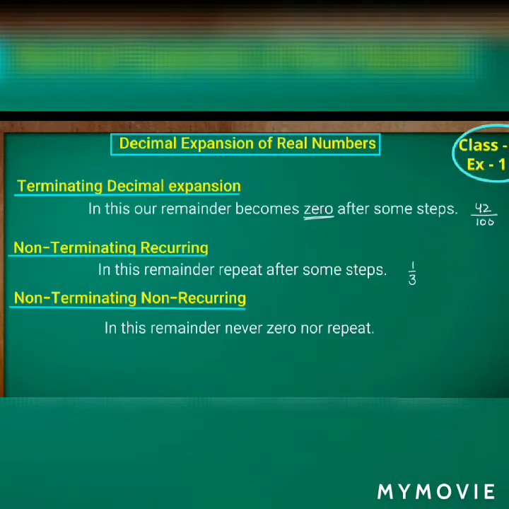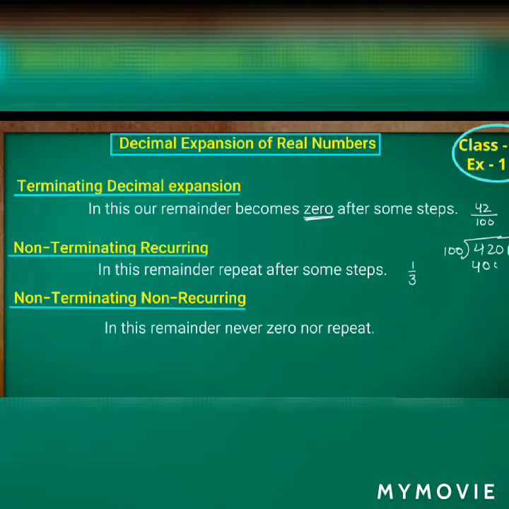I have already explained this in the first class, when I gave the introduction class, isn't it? Suppose I am taking the value 42 by 100. We know that the divisor is 100 and the dividend is 42. Since 42 is less than 100, I'll take 0, and I have to start with the point.